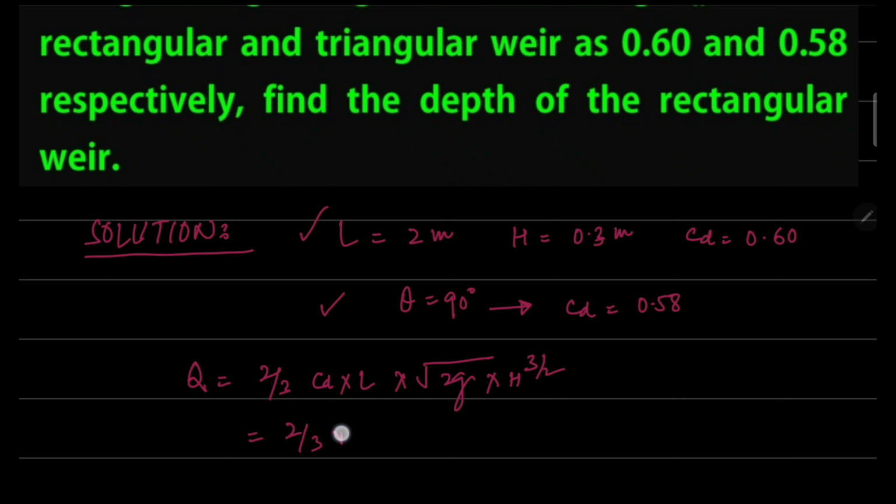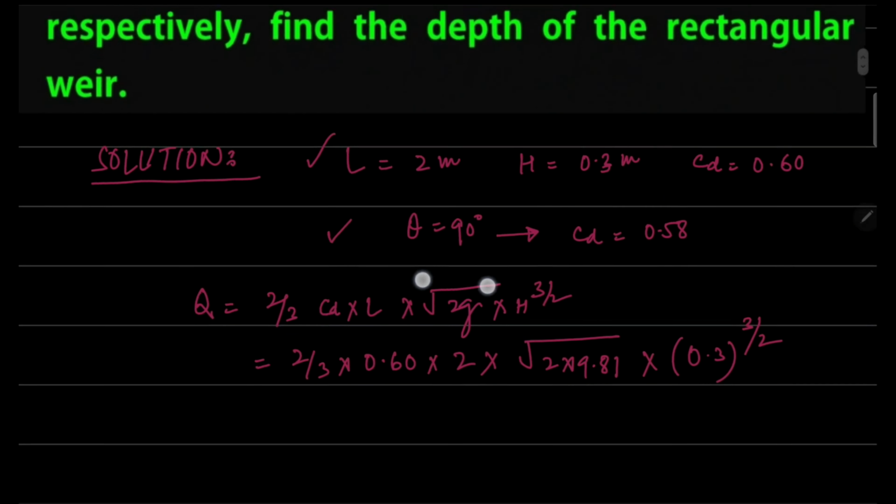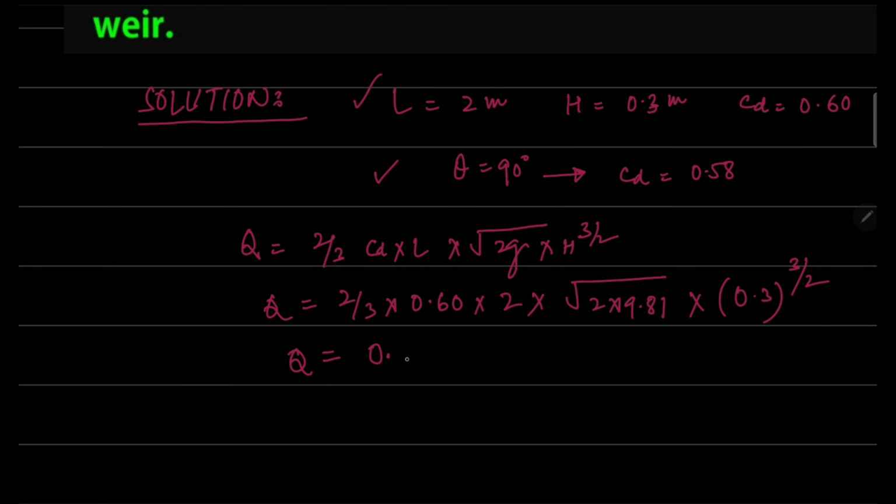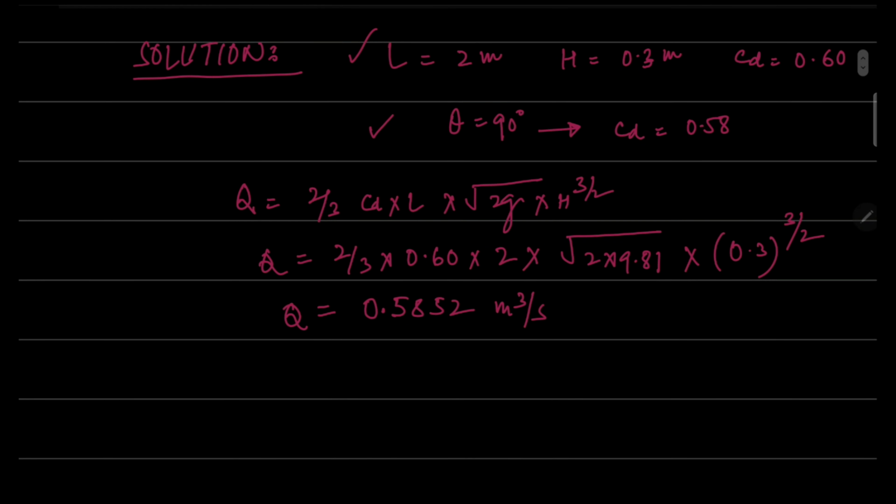So this is 2/3, CD value is 0.60, L value is 2, multiplied by root 2 times 9.81, multiplied by 0.3 raised to the power 3/2. So this value of Q we get as 0.5852 meter cube per second. That is the discharge we have measured from the rectangular weir.